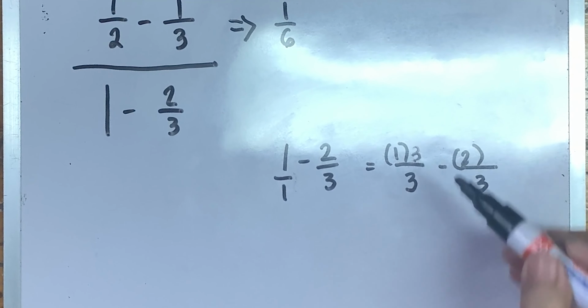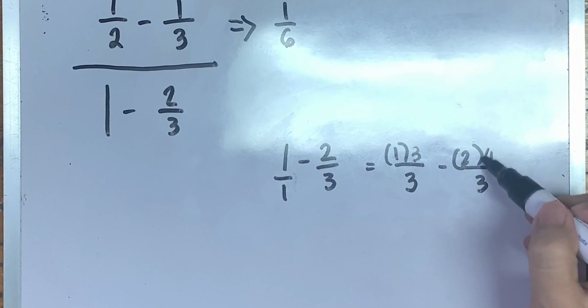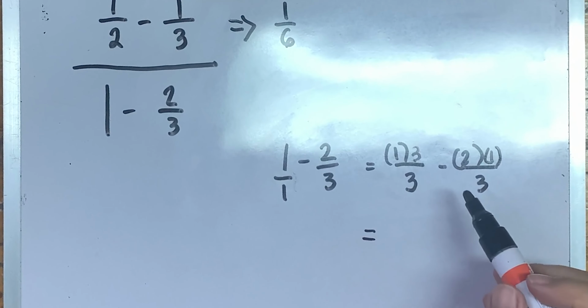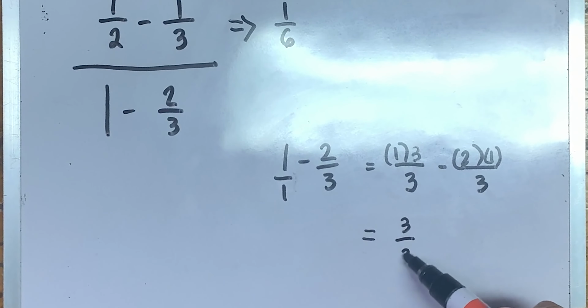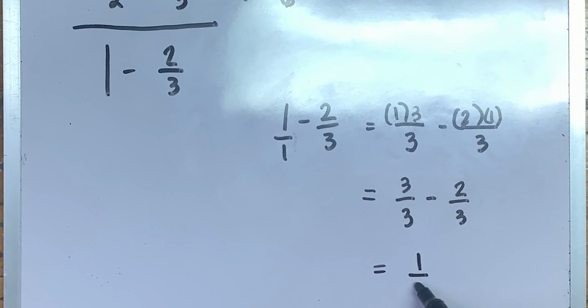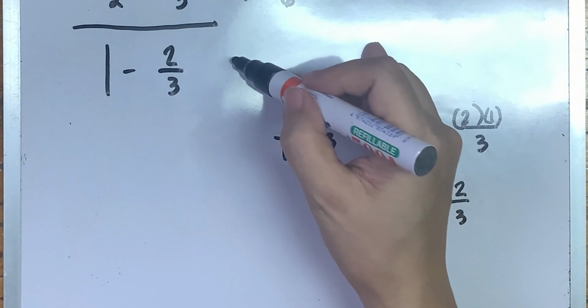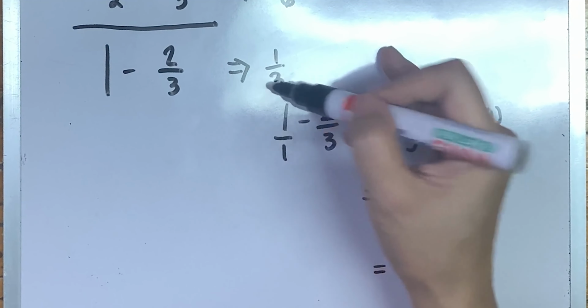So sulat natin dito. 3 divided by 3 is 1. Then we multiply this by 1. So let's multiply 3 times 1. That is 3 over 3. Minus 2 times 1 is 2 over 3. They have the same denominator, so pwede na natin i-subtract 1 over 3. Okay, so ang simplified version nito is 1 over 3.